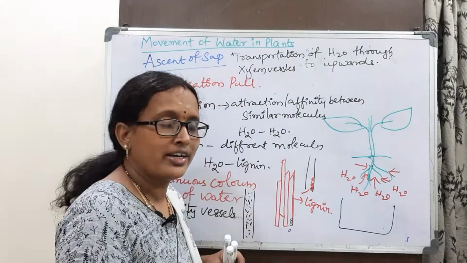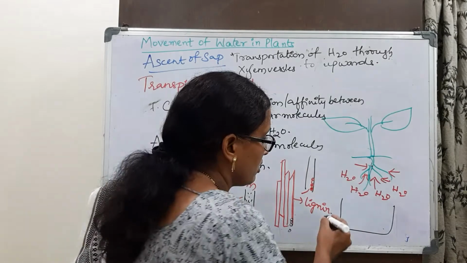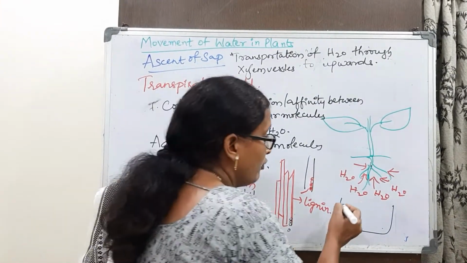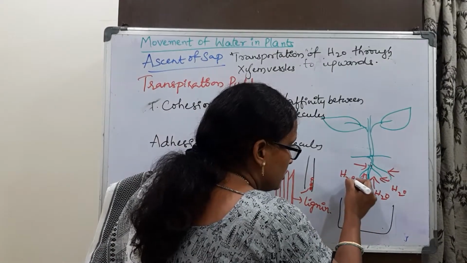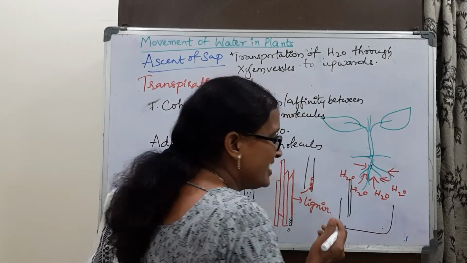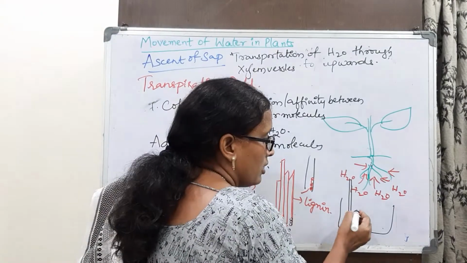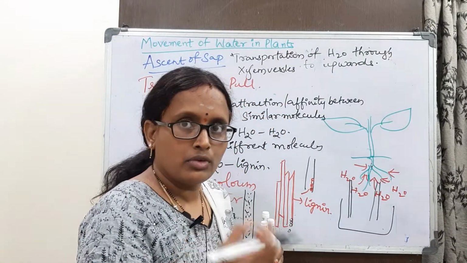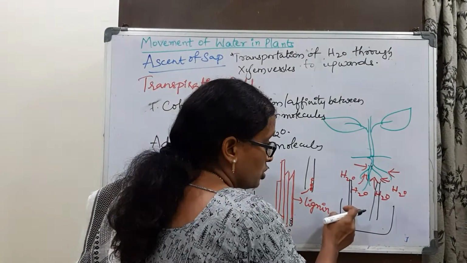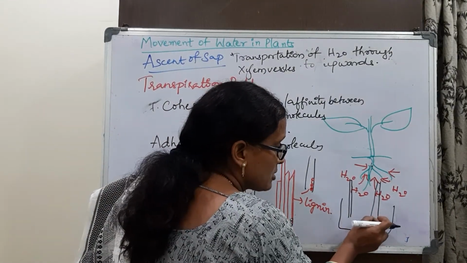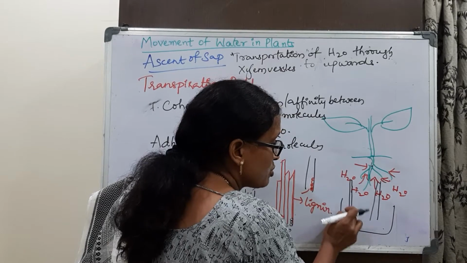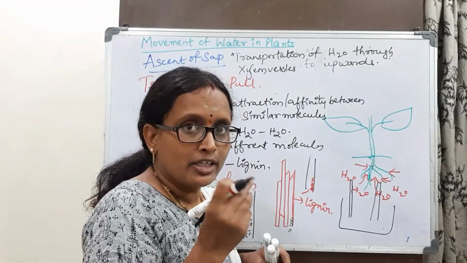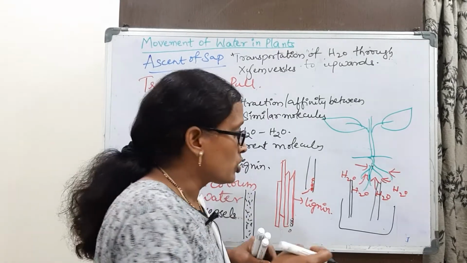For example, when you are drinking a cool drink, if you take a thin-walled straw, it is easy to suck quickly compared to a large straw. So here the capillarity is more. When the tube diameter is decreased, capillarity increases.